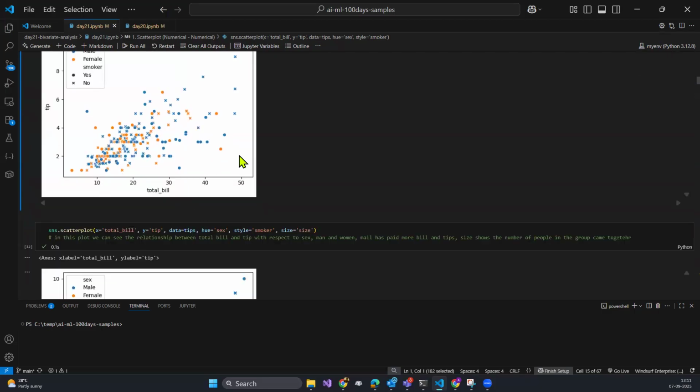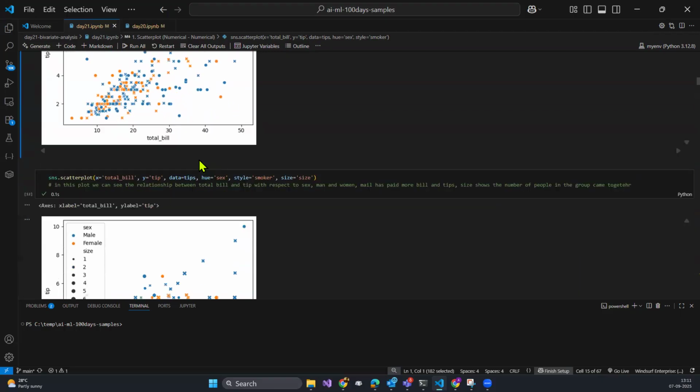So this is how we can do distributions with multiple columns, visualize them, and build intuition about that data set.